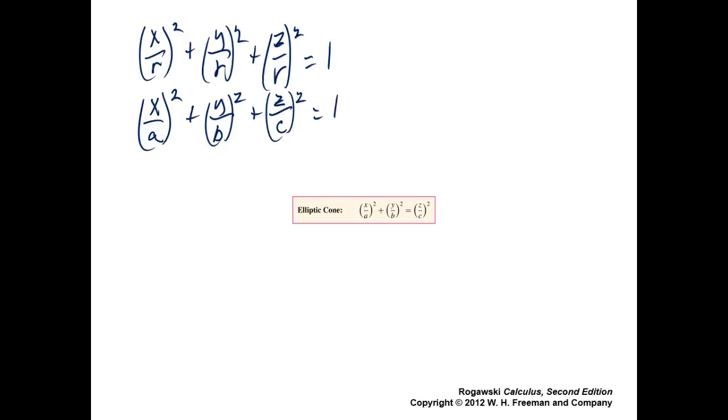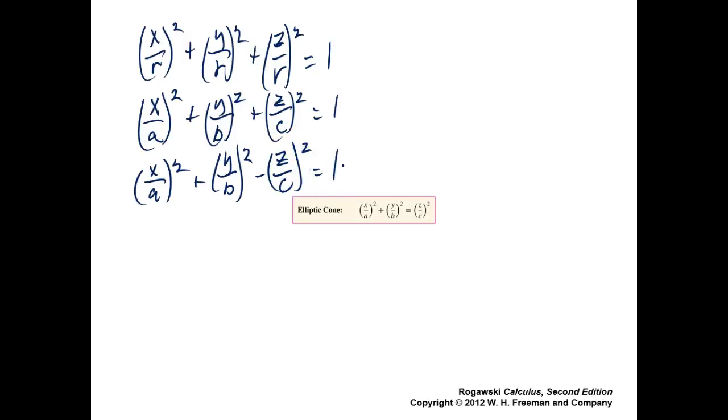Now we get the ones that are more open. X over a squared plus y over b squared minus z over c squared is equal to 1.